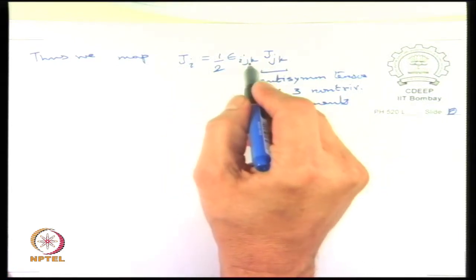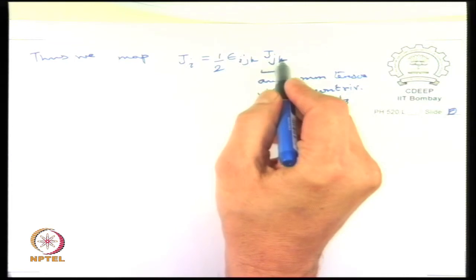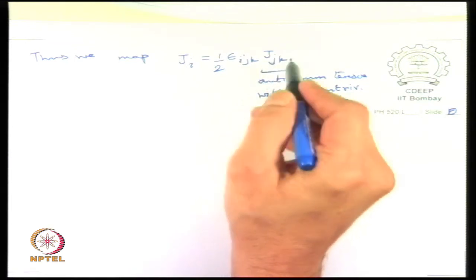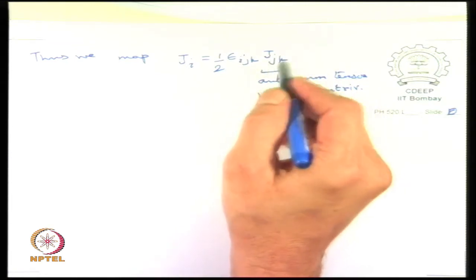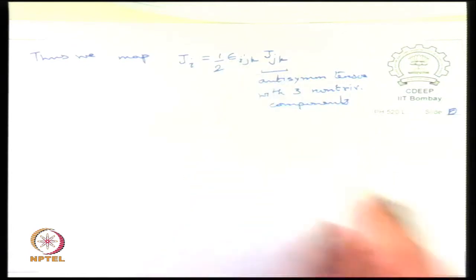J1 will contain J23 and then minus J32, which because of the antisymmetry again becomes J23, so we get it twice, so we put a factor half.